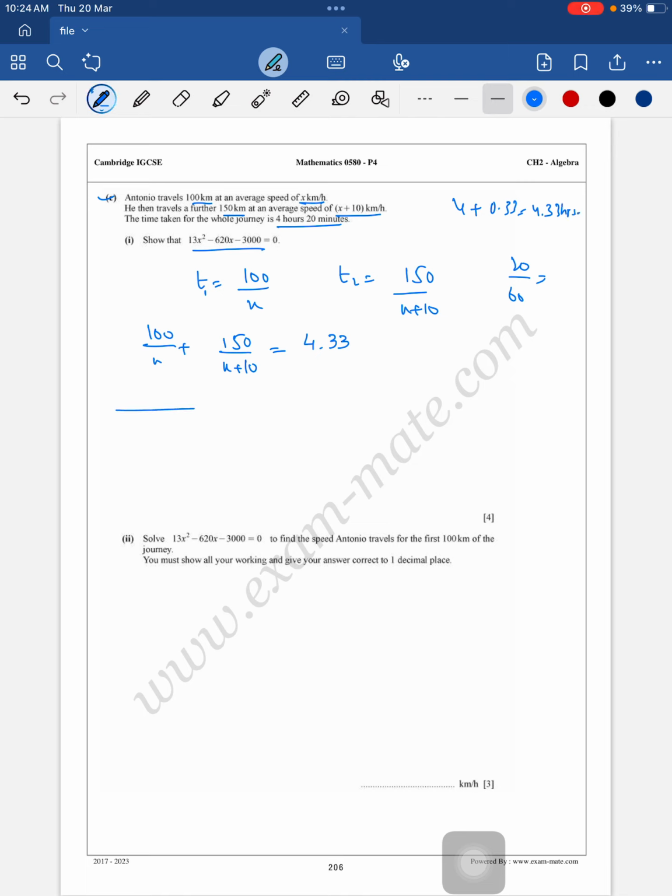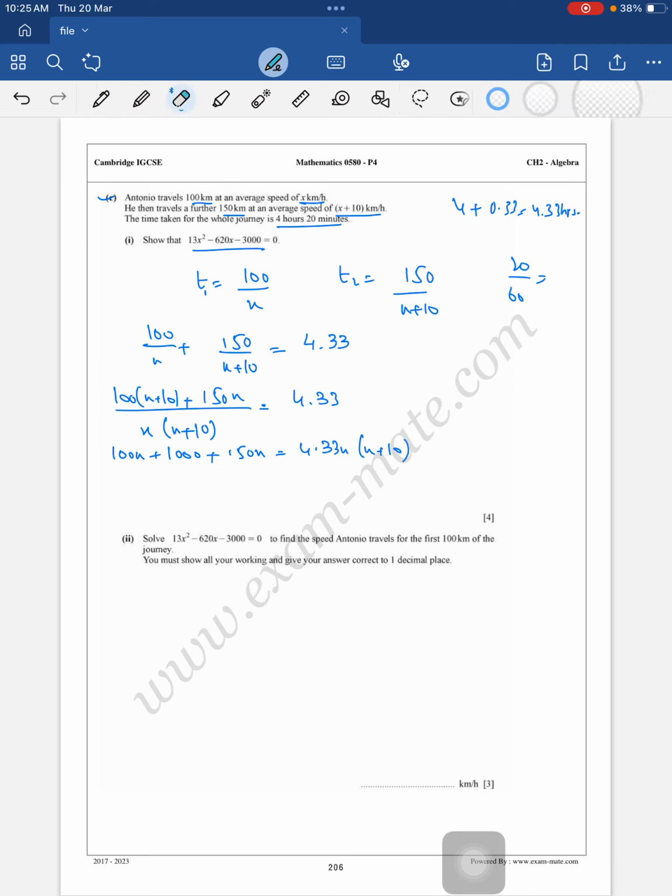Okay, now solving this up, x into x plus 10 equals to 4.33. X gets cancelled with x. 100 into x plus 10 plus 150 into x, so that is 100x plus 1000 plus 150x is equals to 4.33x into x plus 10, right?